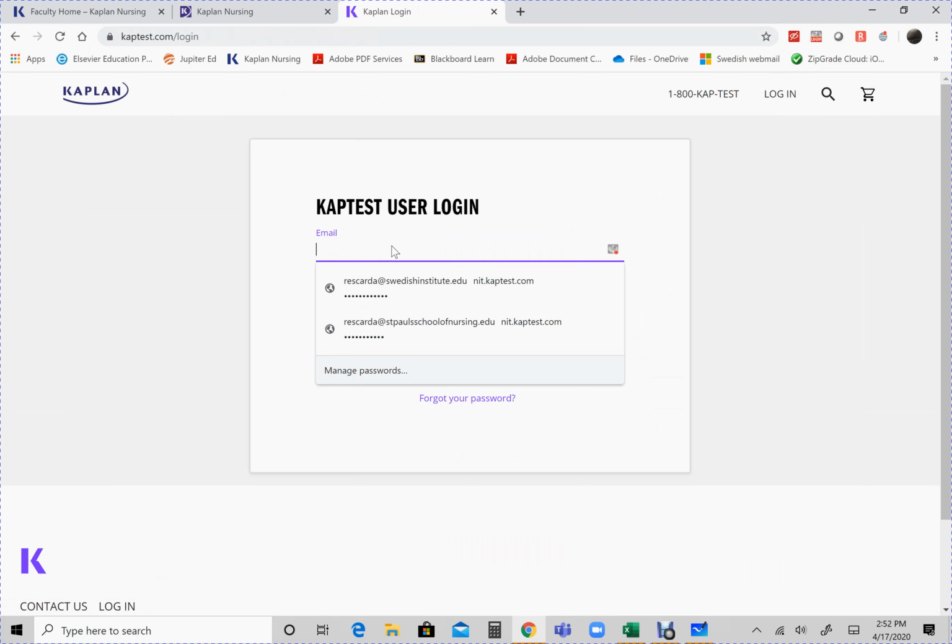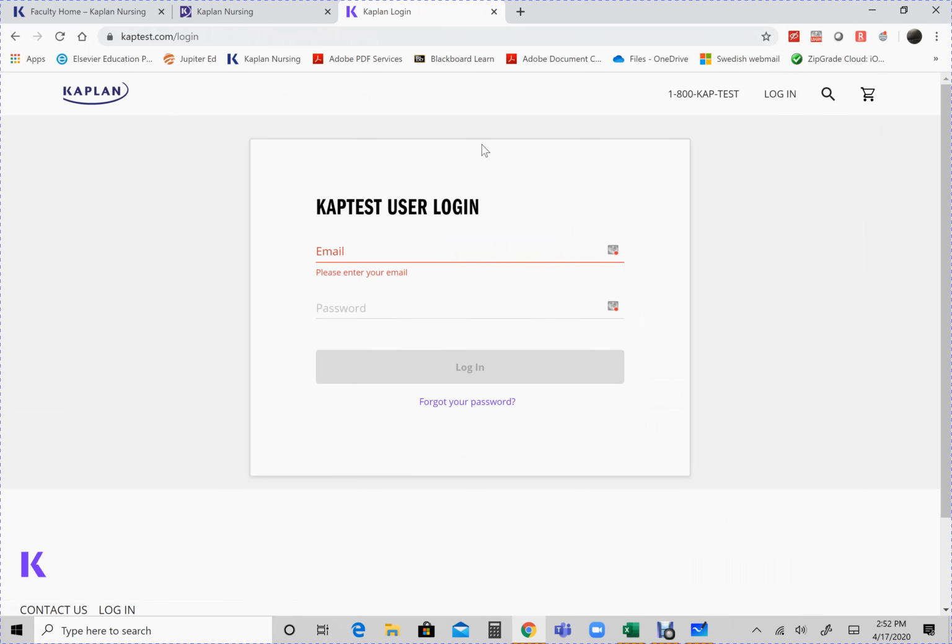Use the email that you're using for St. Paul's. That's the email we sent to Kaplan to create your account. If you've never logged into Kaplan, just hit, again, the email you use for school is your username, then hit forgot password if this is the first time you're logging in. Once you do that, you'll get an automated email to reset your password. It usually goes to your spam folder, so please check that.